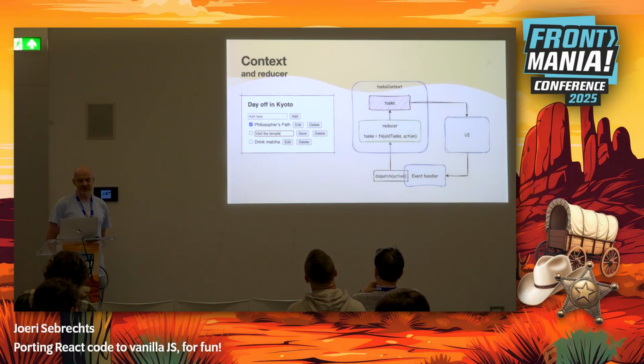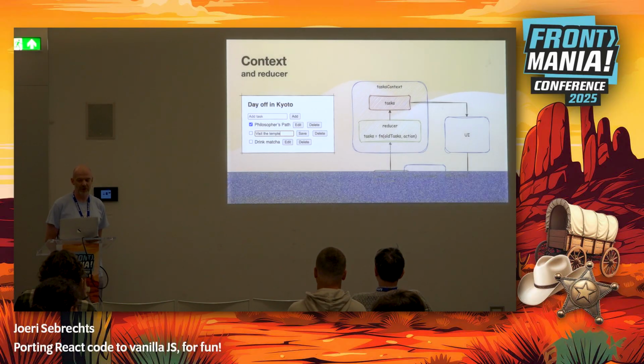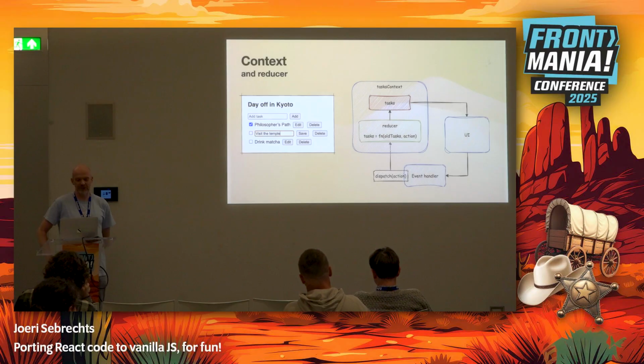Whenever the context is updated with new tasks, the UI will re-render automatically. Then if the UI dispatches an event, then this obtains the dispatch context, basically a function that it obtains from the context, and calls it with an action that says, I want this thing to happen to the tasks. This gets fed through the reducer, and the old tasks combined with the action produces the new tasks, which updates the context, which re-renders the UI, and so on and so on.